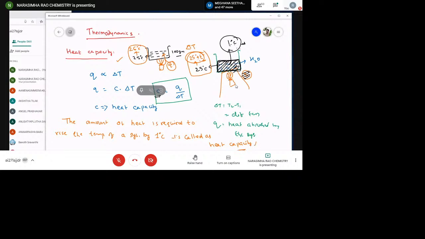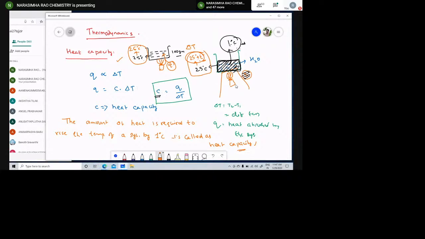Heat capacity of a system. Children, okay? It's clear now. Clear, sir.